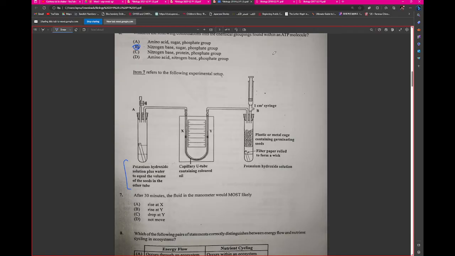But in this case, we have to know whether or not the manometer will move, based on gas differences within two setups. And within both setups, potassium hydroxide is present. What will happen? Somebody already told me that there would be a rise at Y. Fine. Why would that happen?